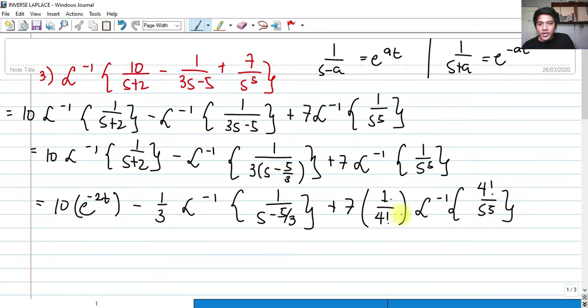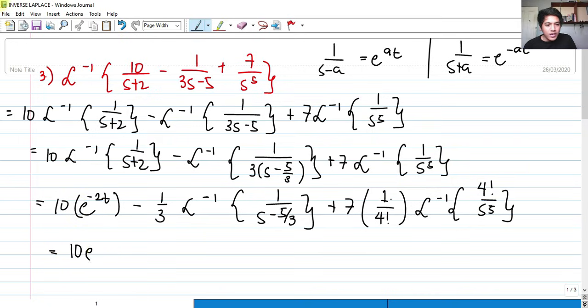So did you get this for this term? I both multiply by 4 factorial and divide by 4 factorial, and that is technically equal to 1, so this is still equal to this. I hope you get what I'm trying to say, so that this can be transformed directly.